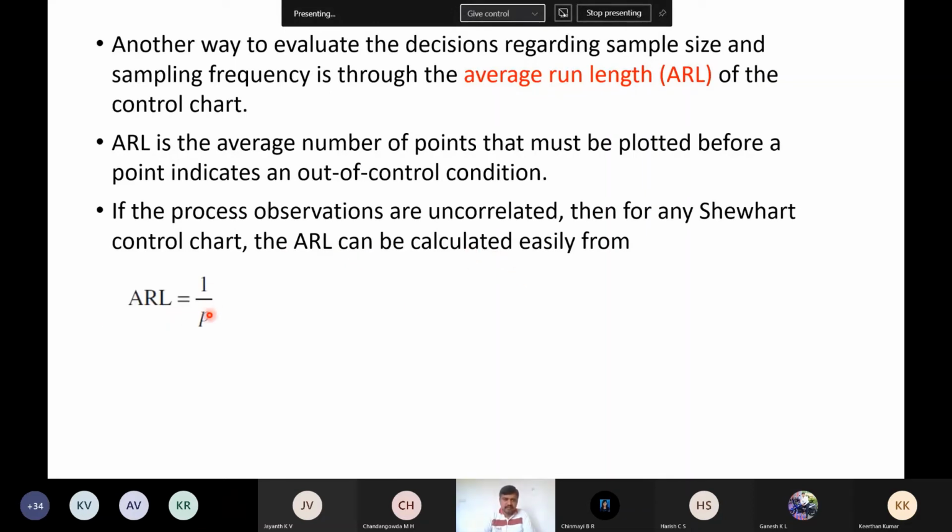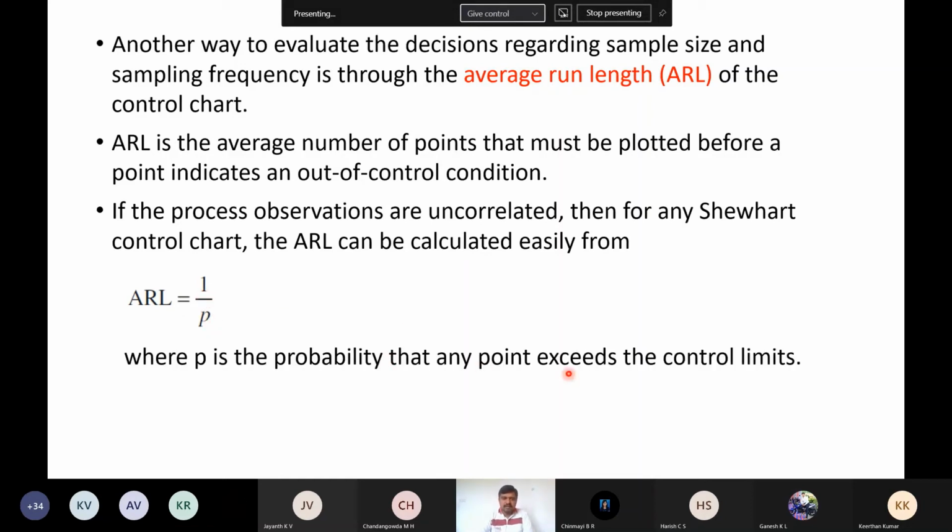Average run length is given by 1 by P, where P is the probability that any point exceeds the control limit. Based on that probability we can find out the average run length, that means after how many points you will get a point which is out of the control limits.